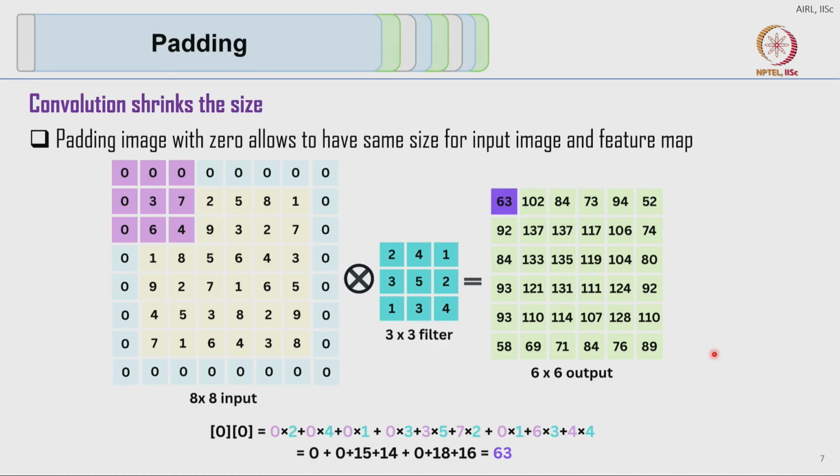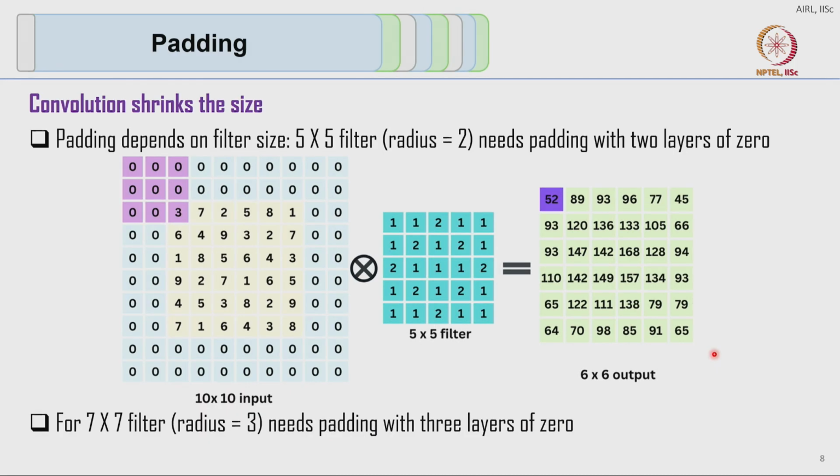I am retaining the structure of the 6x6 output itself. The input image is 6x6, the output is also 6x6. So by adding padding, I can avoid the convolution operation shrinking the size, which means I can retain the spatial precision, right?